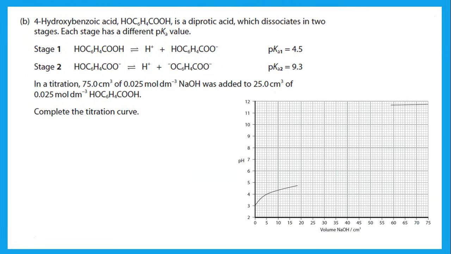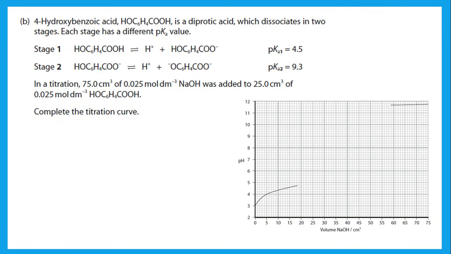For hydroxybenzoic acid, a diprotic acid which dissociates in 2 stages, and we're given the 2 stages, in a titration, 75 centimeter cubed of 0.025 mole per decimeter cubed sodium hydroxide was added to 25 centimeter cubed of the diprotic acid.